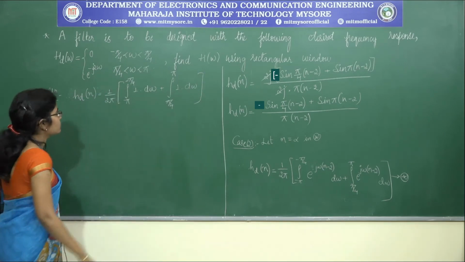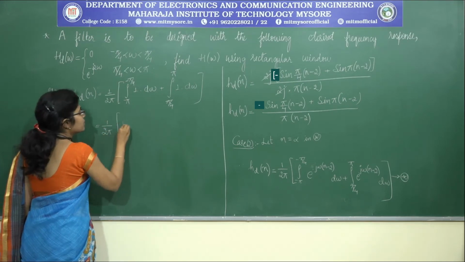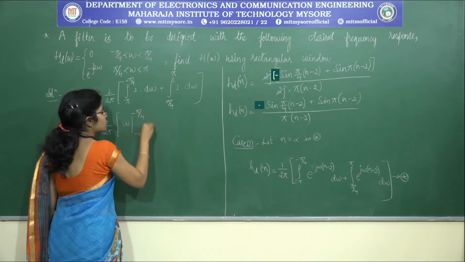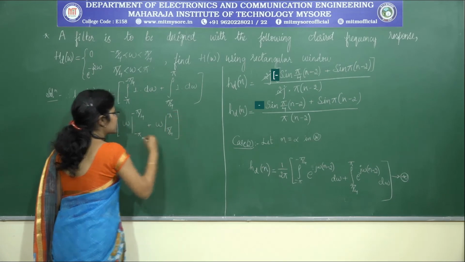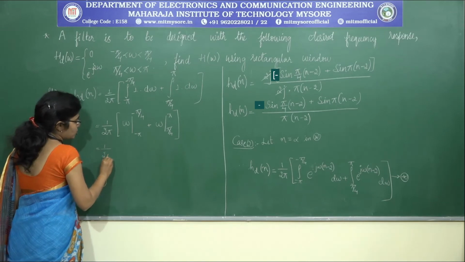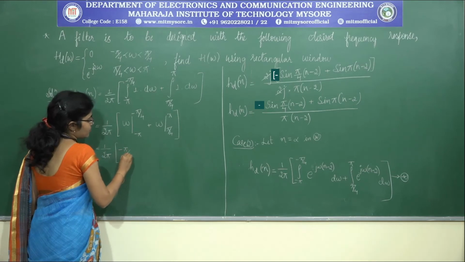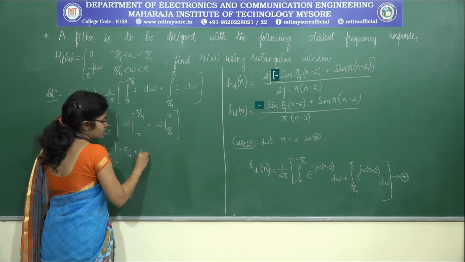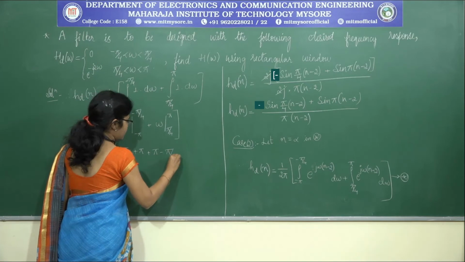So, now if I integrate 1 with respect to omega, it gives us omega under the limits minus pi to minus pi by 4 plus omega under the limits pi by 4 to pi. Now, if we substitute the limits, the expression for hd of n will be 1 by 2 pi into the upper limit is minus pi by 4, minus of minus pi becomes plus pi, plus the upper limit is pi minus pi by 4.